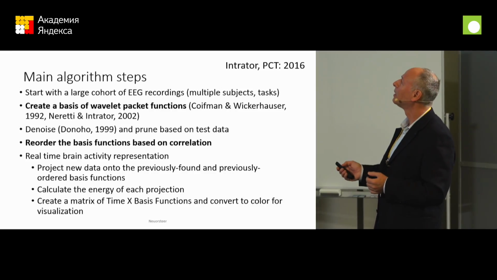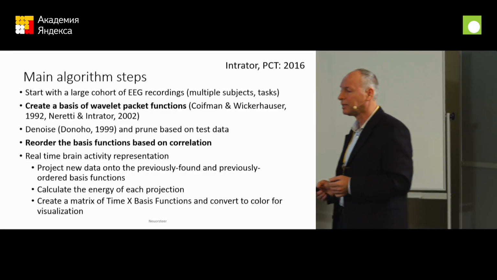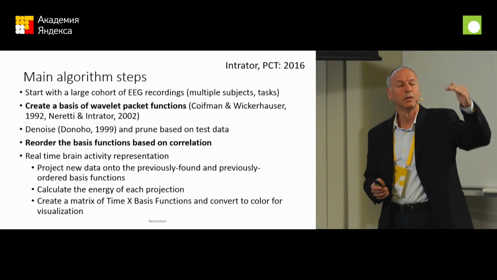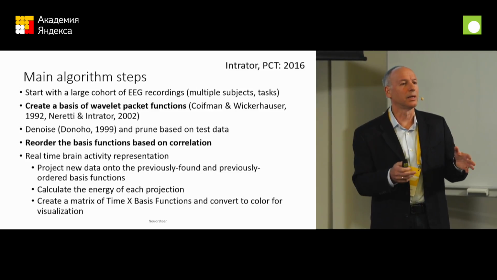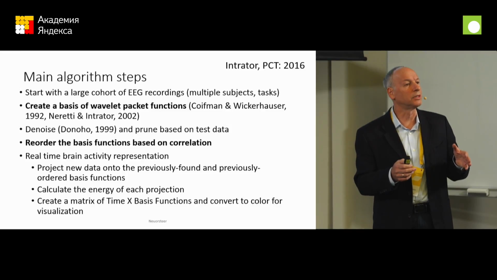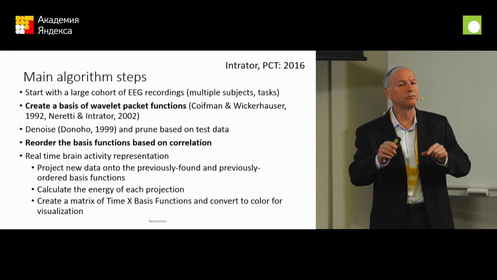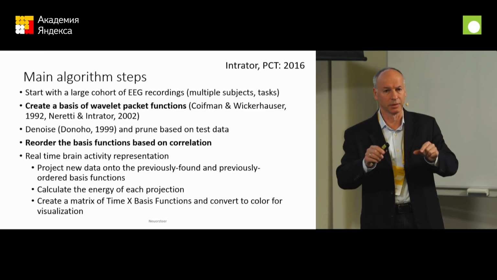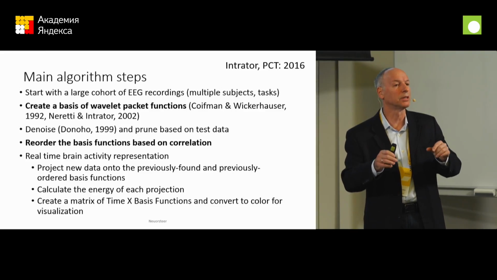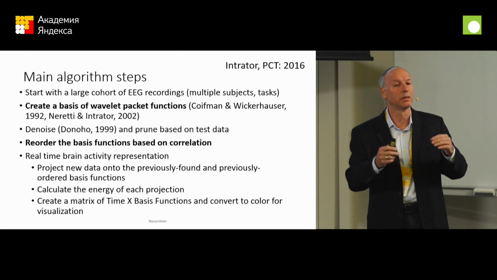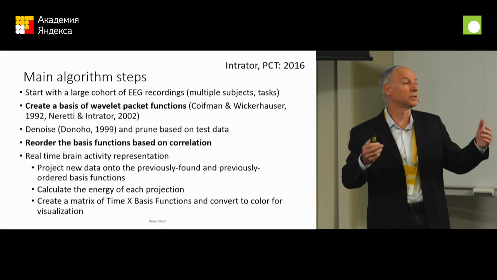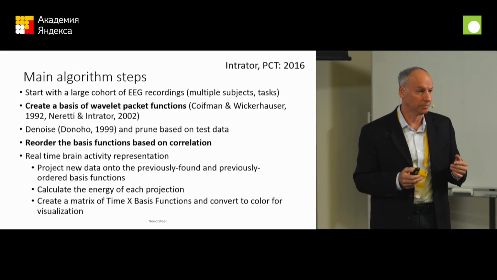We did something specific to our representation, which is reorder the representation. So we did not keep the classical order of the tree, but we actually moved the different projections, the different sub-basis functions. We moved them so that they would be geographically close to one another when these two features are highly correlated.